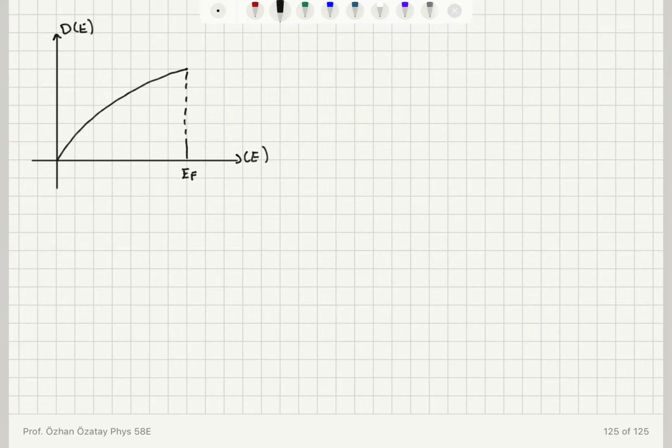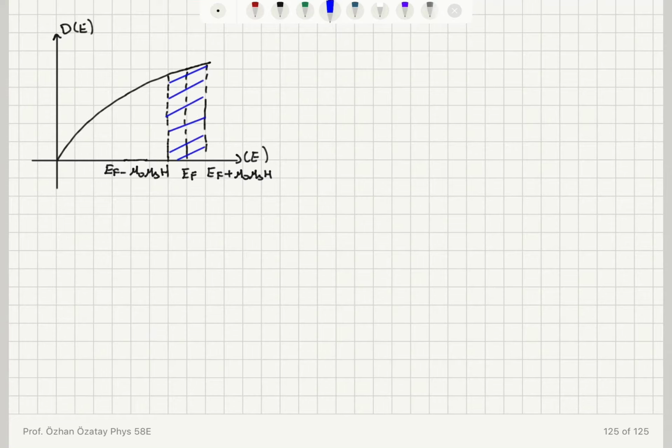Now I'm supposed to find the area from E Fermi minus mu 0 mu b h to E Fermi plus mu 0 mu b h. Okay, so the area I'm looking for is this area.